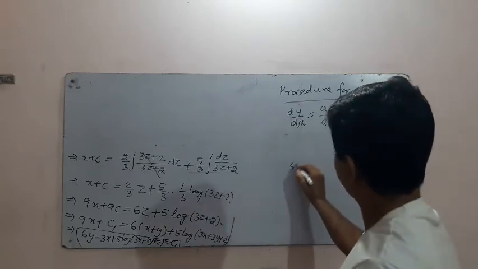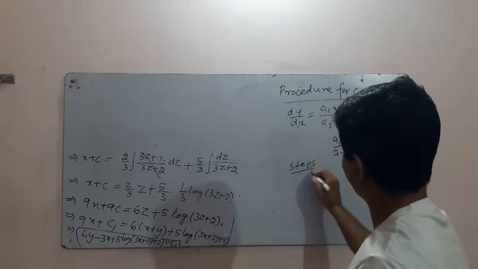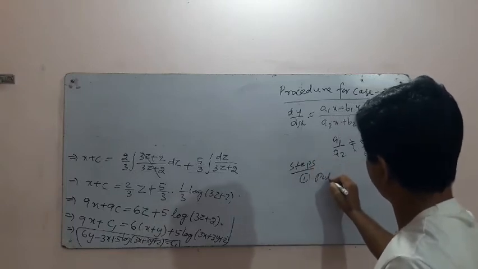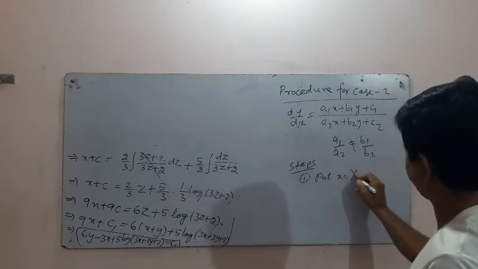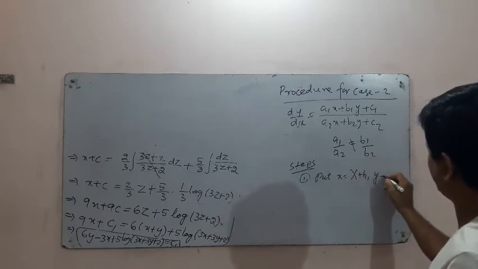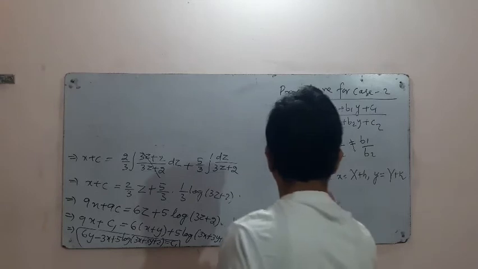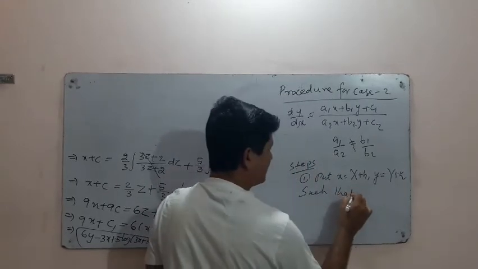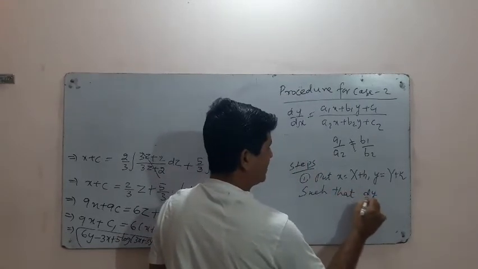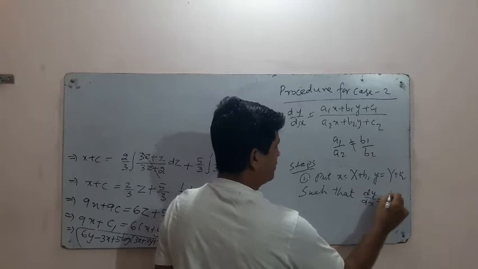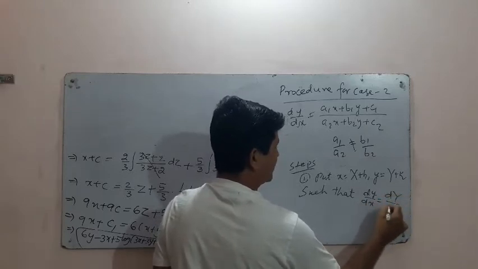Then what are the steps? How to solve? First step, put small x is equal to capital X plus h, small y is equal to capital Y plus k, such that d small y by dx equal to d capital Y by dx.